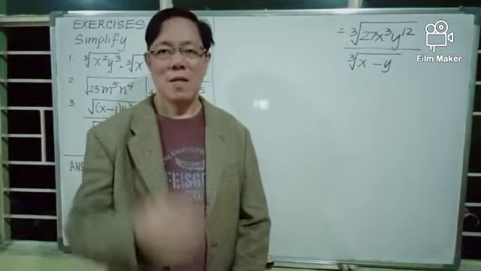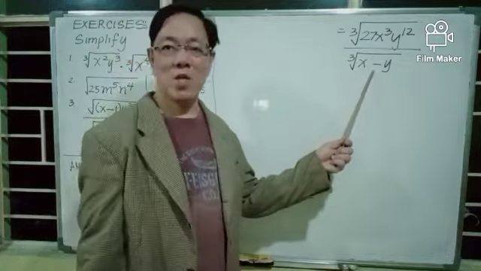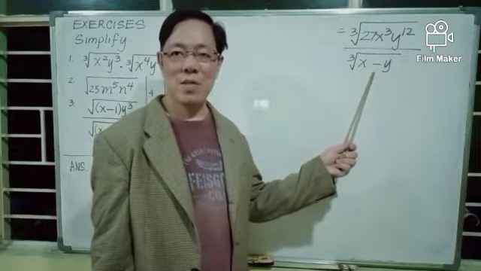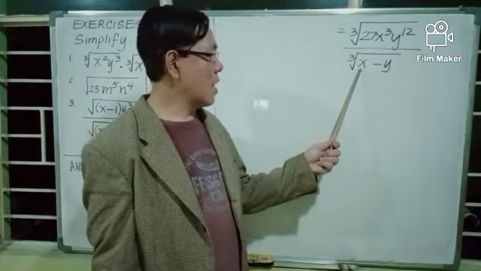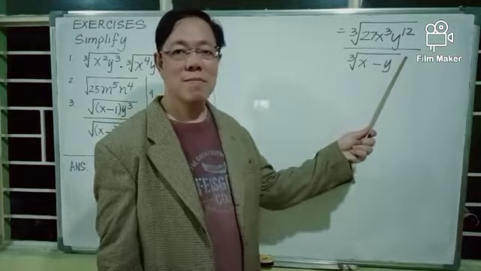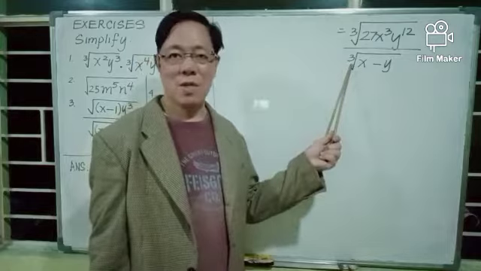As I mentioned earlier, the denominator of this rational expression, the cube root of x minus y, cannot be further simplified because x minus y taken as one quantity with exponent of 1, the exponent 1 is not divisible by the index 3.